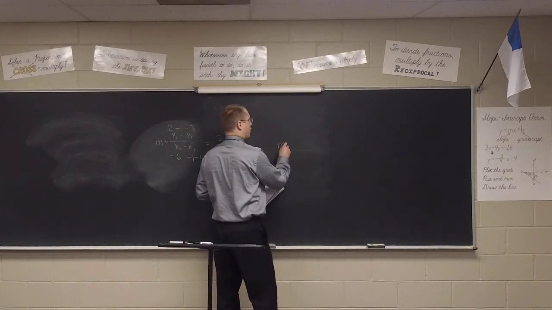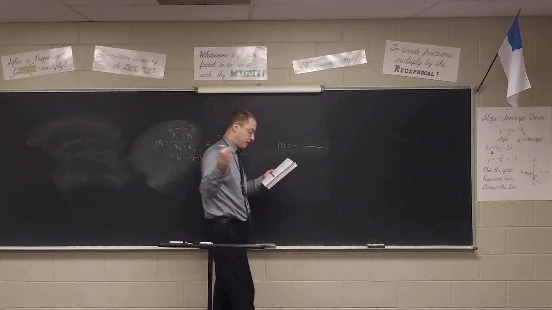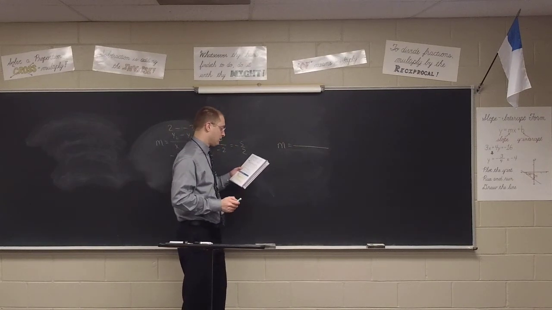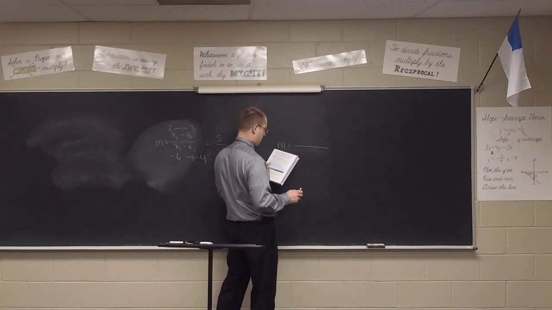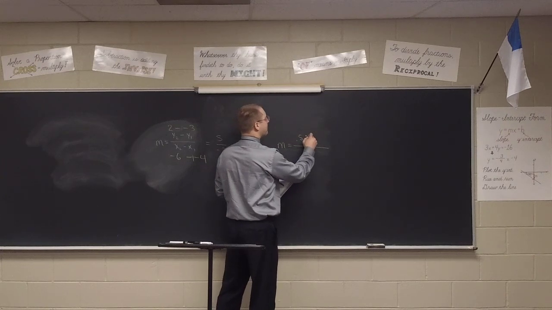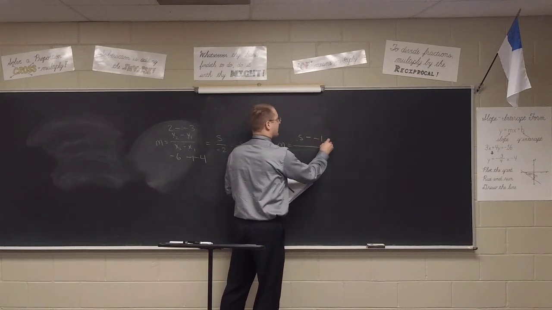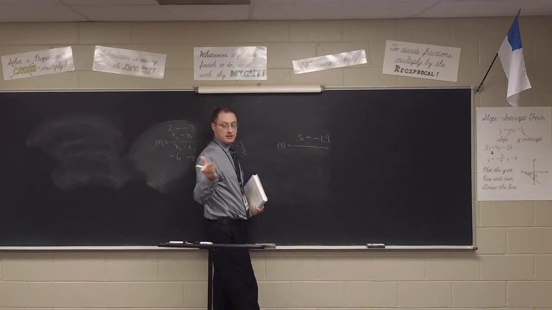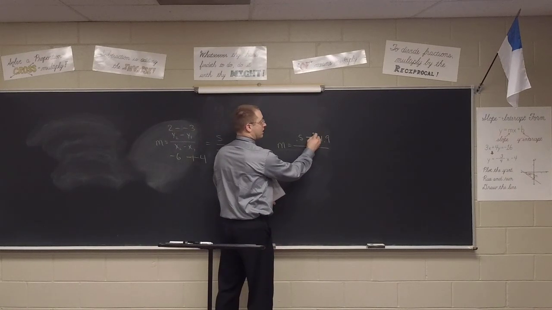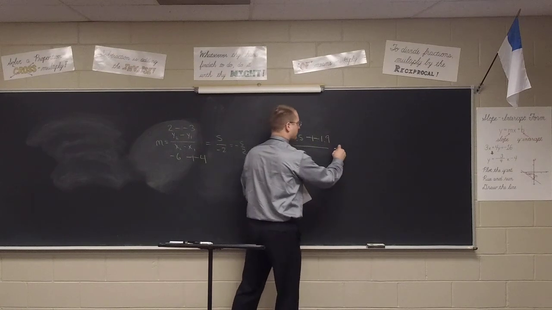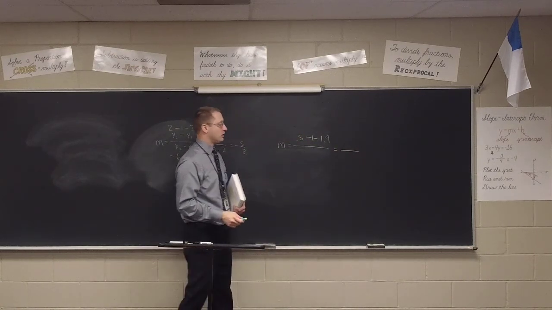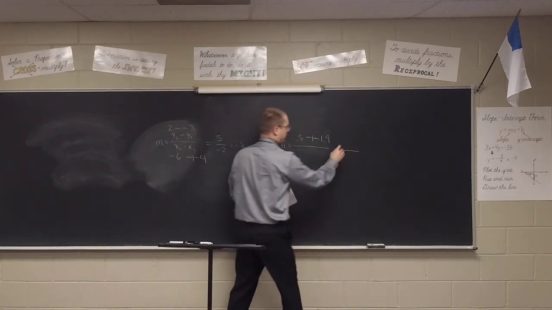As we've plugged in the slope, again, we need a y2 minus y1. So pick a y value to start. 0.5 minus the other y value. Negative 1.9. And again, because we've got back-to-back negatives, that produces a positive, so it's really 0.5 plus 1.9, which would be 2.4.